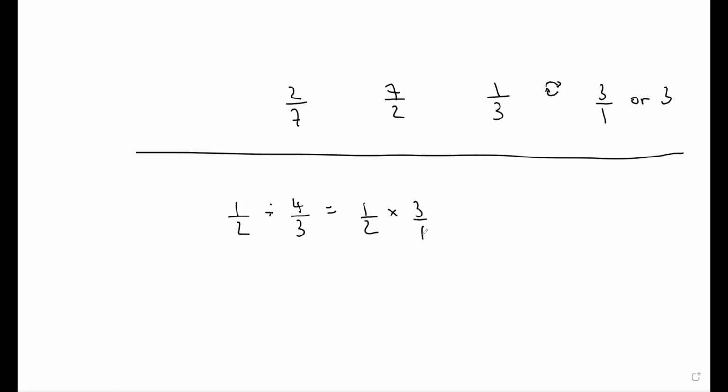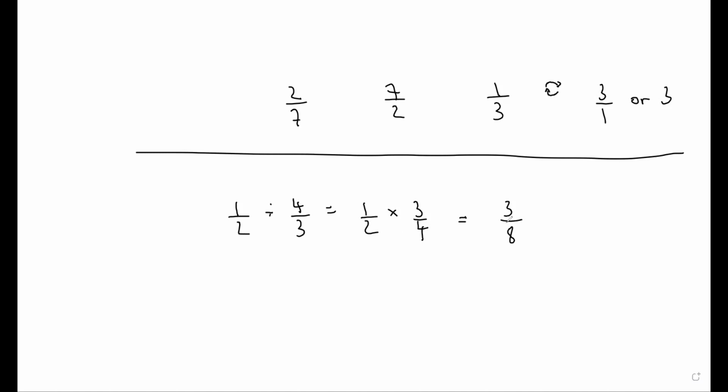It's equivalent to what it was because changing the sign and flipping the fraction are opposing concepts. They kind of balance each other out. And now you just have a standard multiplication question. So 1 times 3 is 3, 2 times 4 is 8, and that does not reduce.